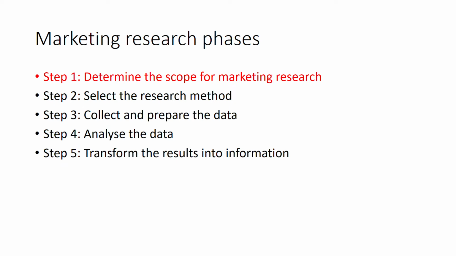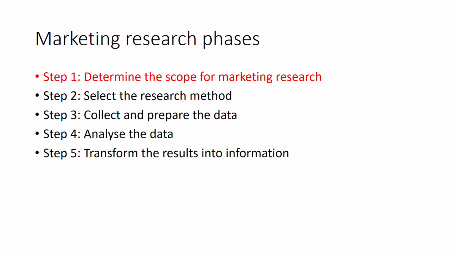So the second topic we're looking at is the phases in the marketing research. So here in this lecture, we're focusing on the first step. So that was determine the scope for marketing research. It is from here that the direction of the research is determined.